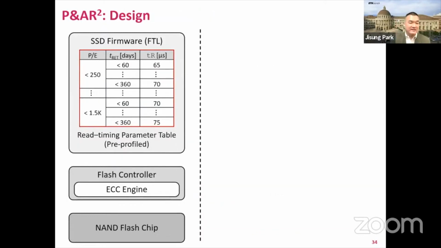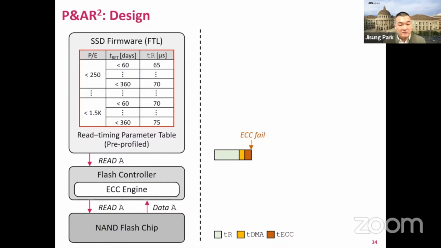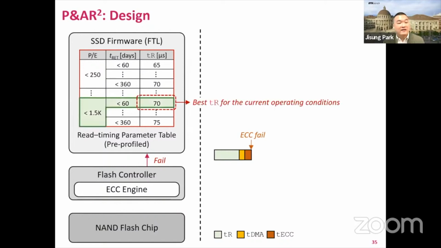Okay, let me review the overall design of our PR² and AR². We first propose that SSD manufacturers incorporate a read timing parameter table in their SSD so that the SSD firmware can get the best read timing parameters depending on the current operating conditions, such as P/E cycles and retention time. When a read failure occurs, the flash controller notifies the SSD firmware, and then the SSD firmware queries the table with the current operating conditions to send the best timing parameters to the flash controller.